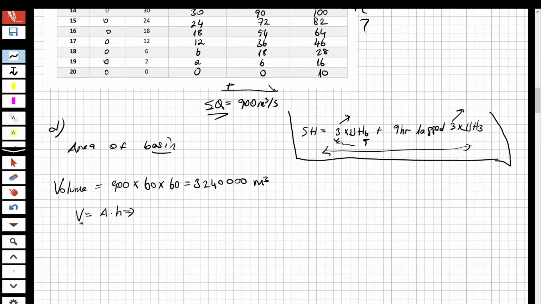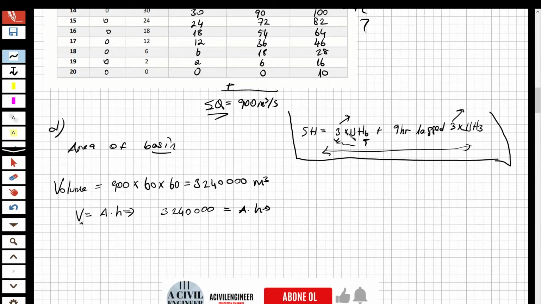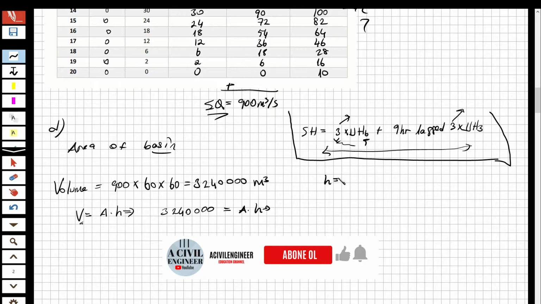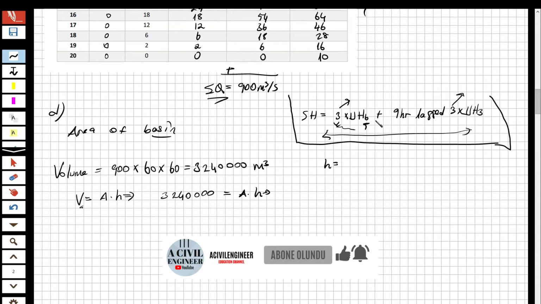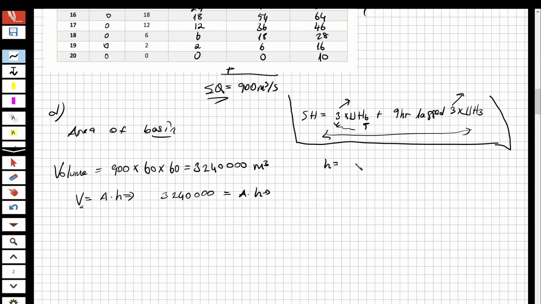But due to the unit hydrograph, this is a unit hydrograph. So this is going to be 324 equal to area multiplied by H. So what is H? Let's check what H is. H is here. Look here, I'm going to show you. This is a unit hydrograph, right?